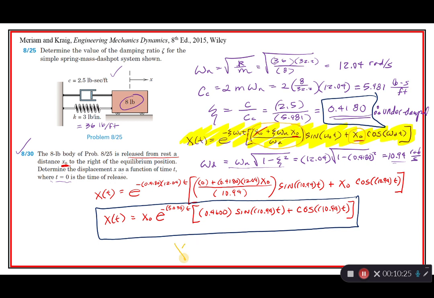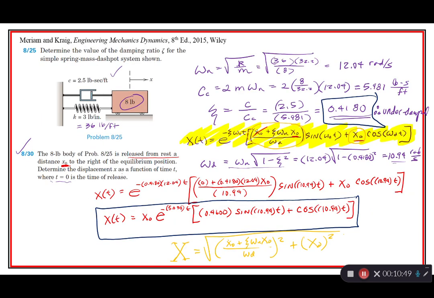So we could call it big X, the square root of (X dot naught over omega d) squared plus X naught squared, right?